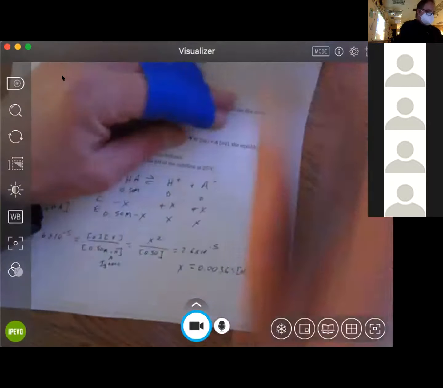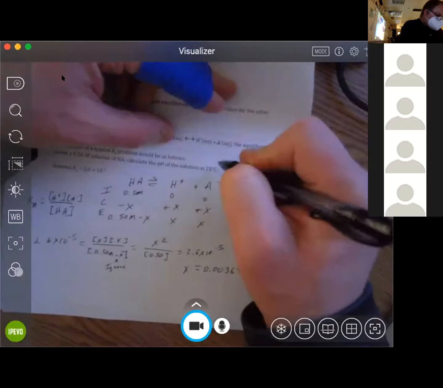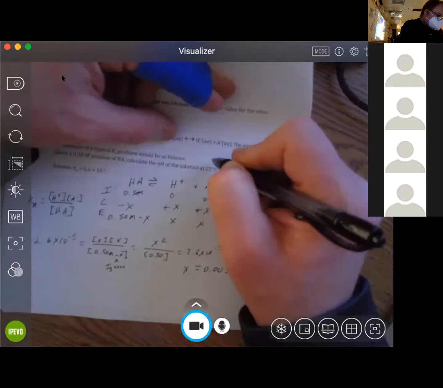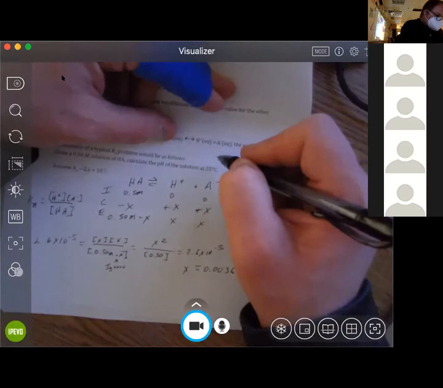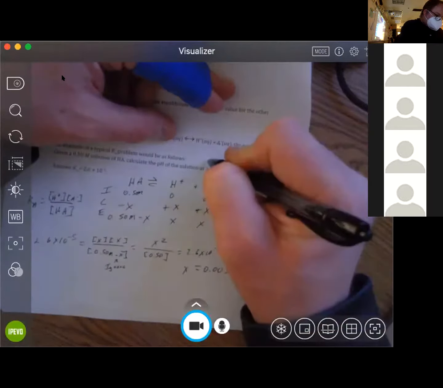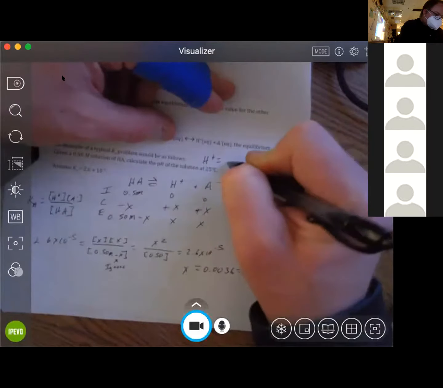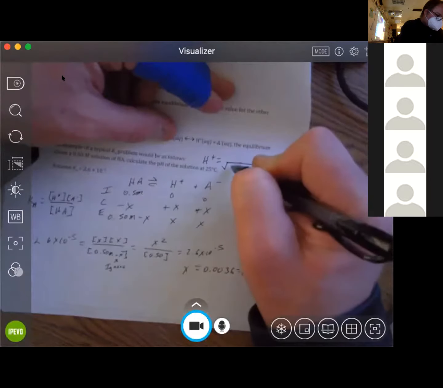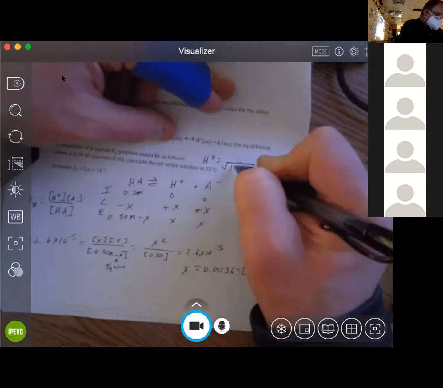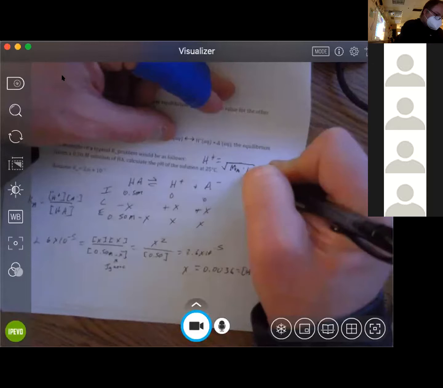Now, if you did pay good attention last year during this time, we actually had an equation. How did we write it? The hydrogen ion concentration equals the square root of, I believe we called it Ma, times Ka.